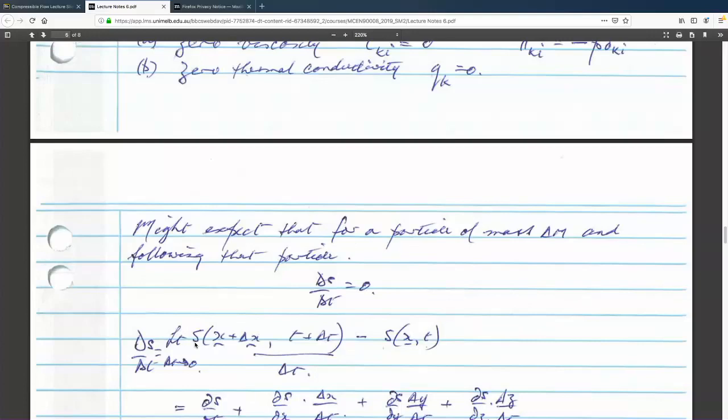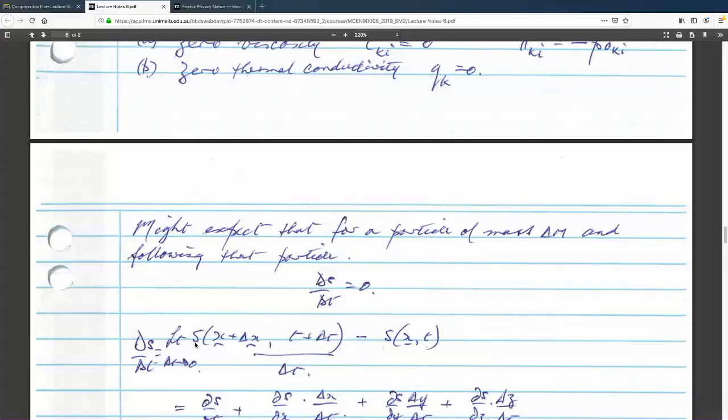So that's going to be the limit as delta t goes to 0 of s at t plus delta t, x plus delta x, y plus delta y, z plus delta z, minus s at t, x, y, and z, divided by delta t.